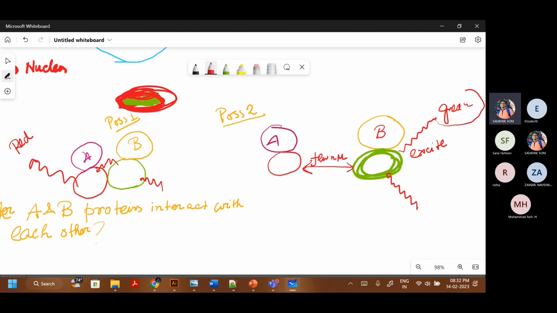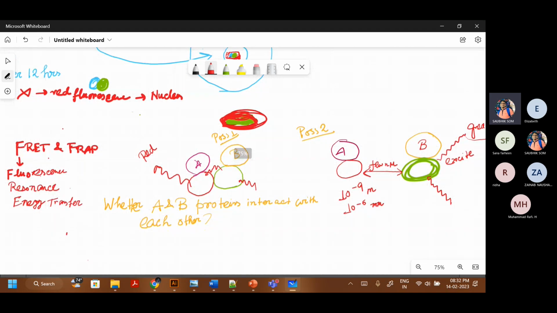So think of 10 to the power minus 9 meter, or 10 to the power minus 6 millimeter, correct? At that range, it's known that they have to interact. So that's why FRET becomes a very important tool when you want to say whether A and B proteins are interacting or not, correct?